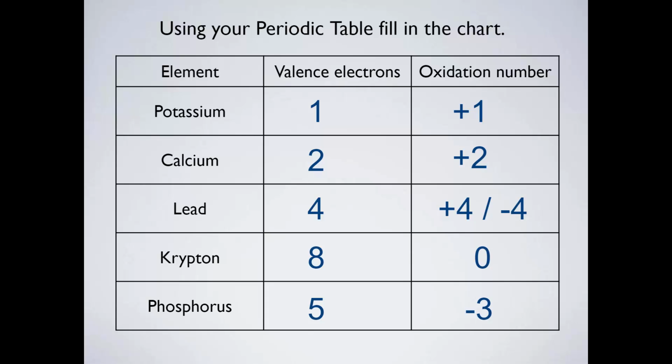It has 5, and it wants to take the easiest way to get full, which is to fill in those missing electrons. So your oxidation number will never be greater than 4 for our purposes. It's going to be either plus or minus 4, or 4 below.